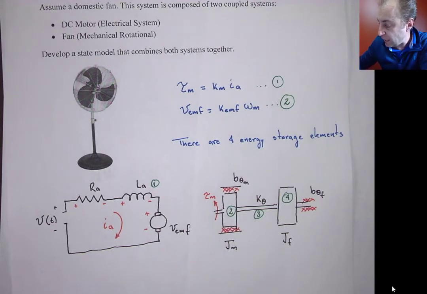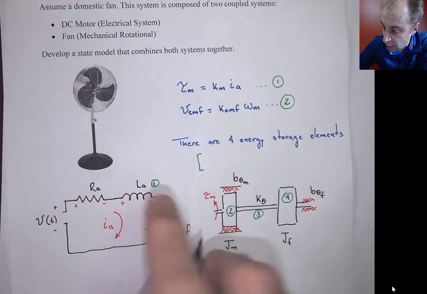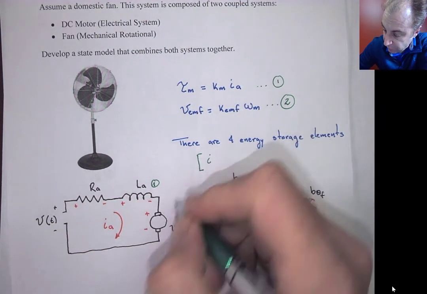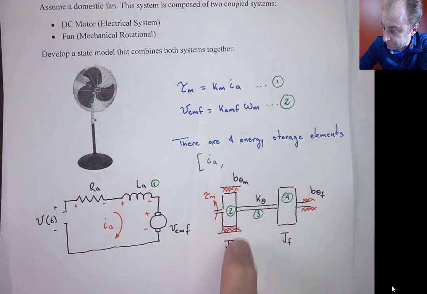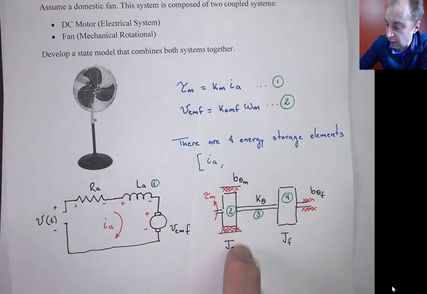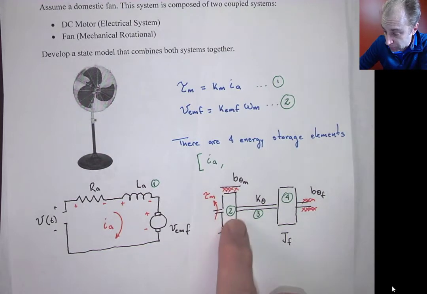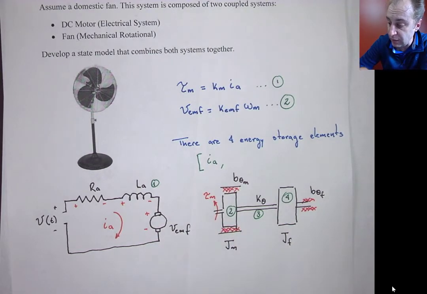So the state variables that we're going to have, I'm just going to write them in green. We're going to have the current of the armature. So it's going to be, I define that as IA. Then we're going to have the inertia element, and the inertia element for the motor or the rotor of the motor, the state variable associated to an inertia element is angular velocity.